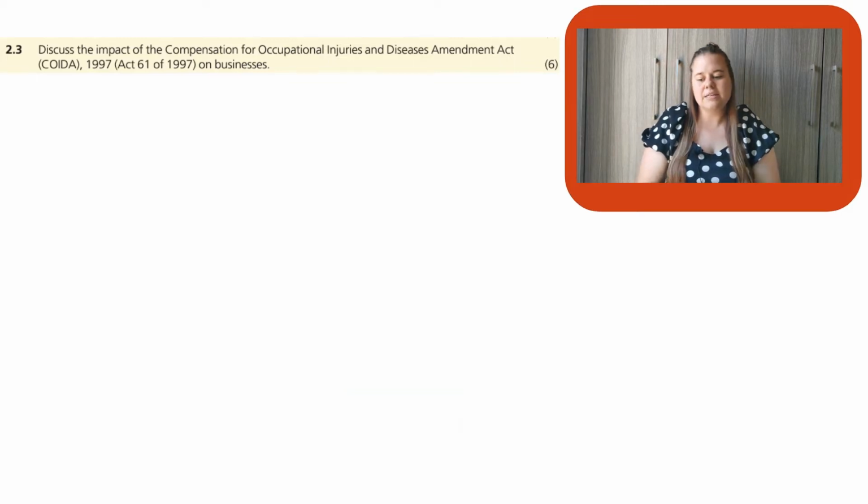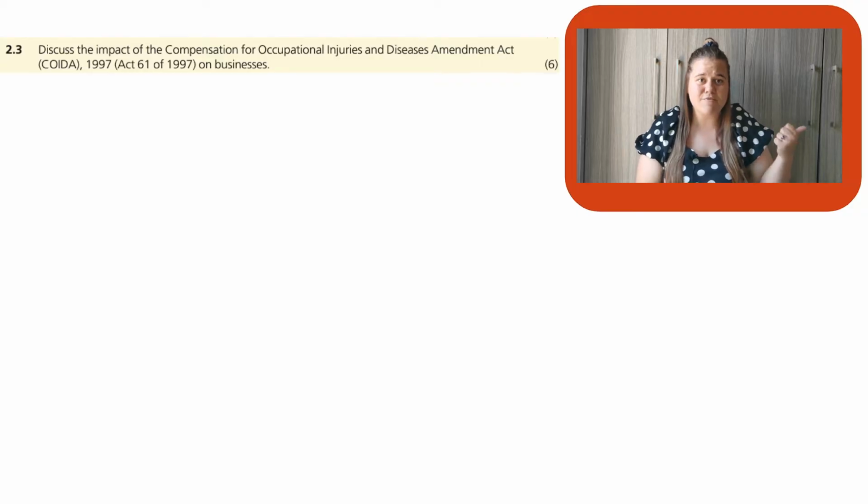Then next, discuss the impact of the Compensation for Occupational Injuries and Diseases Amended Act on the business. Okay, so now we're dealing with impact. If you know impact of any of the legislation we have, it can be positive as well as negative. So with a question like this, you have a few options.